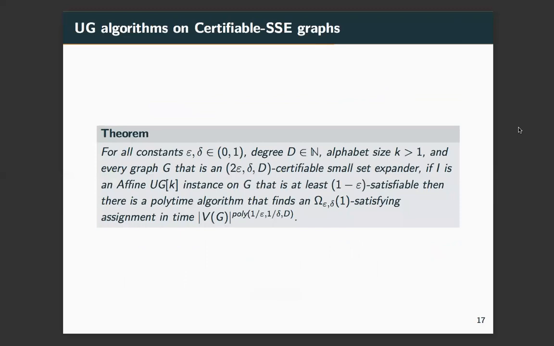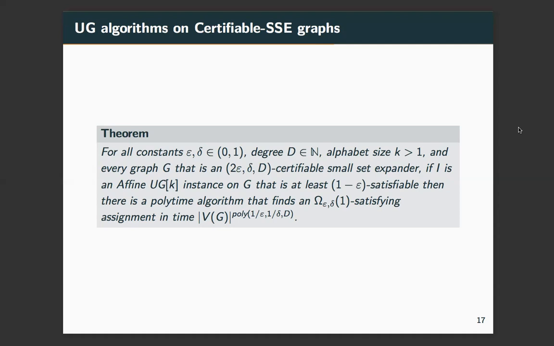So let's go into our main result in more detail. What we prove for certifiable SSE graphs is this. For all constants epsilon, delta, degree D, alphabet size K, and every graph G that is a certifiable SSE graph with these parameters, take any instance of affine unique games on G that is 1 minus epsilon satisfiable.